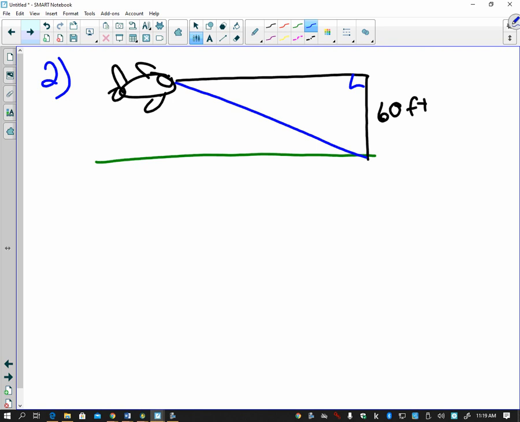Say he spots an apple on the ground, whatever it is. It was going to be a bunny rabbit at first, but that's all right. It says, what is the slant range? So we have 30 degrees here, and we're looking for the slant range. That right there. We want to know how far he is at a slant from what we need to see.